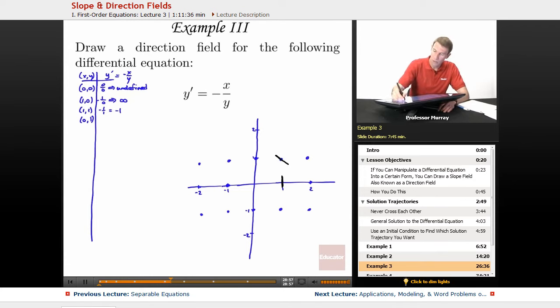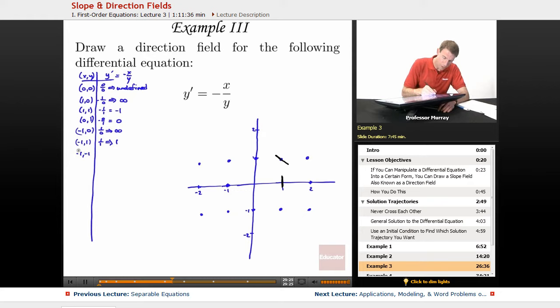The point 0, 1, if I plug that into negative x over y, I get negative 0 over 1, which is 0. Let me do some more points there. Negative 1, 0 gives me 1 over 0, which I think of as being infinity, so that's going to be another vertical line. Negative 1, 1 will give me 1 over 1. Plugging that in, that's going to give me 1.